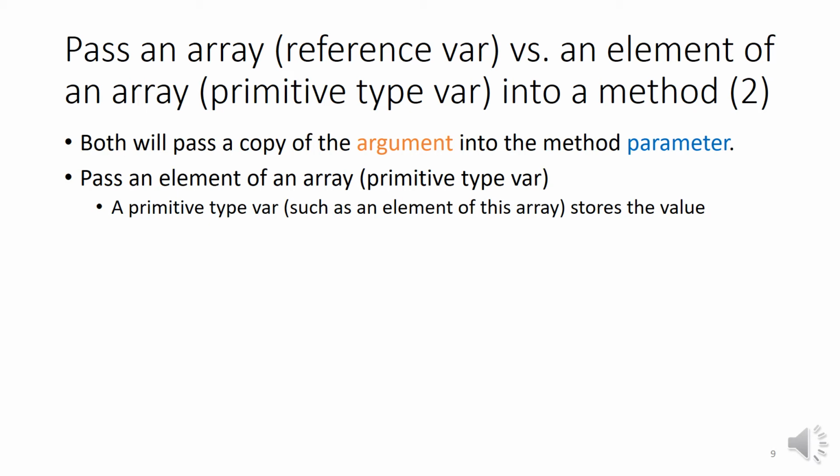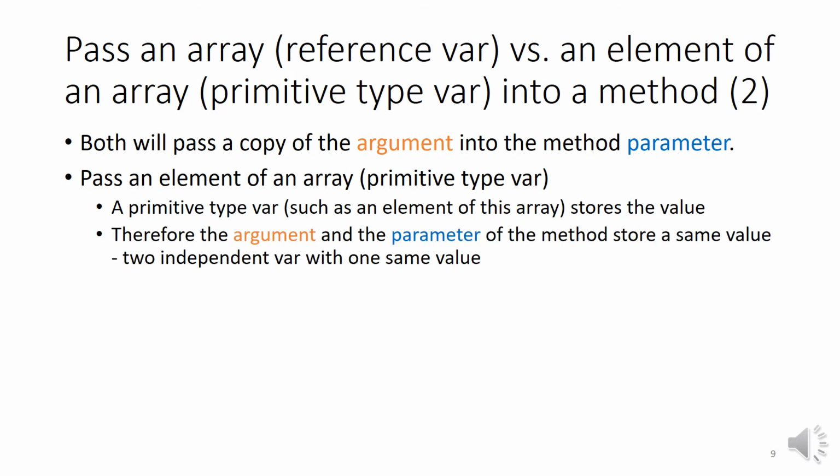Passing a primitive type value into a method is different, since a primitive type variable stores the value, not an address. The value is copied over from argument to parameter. Now you have two independent copies.